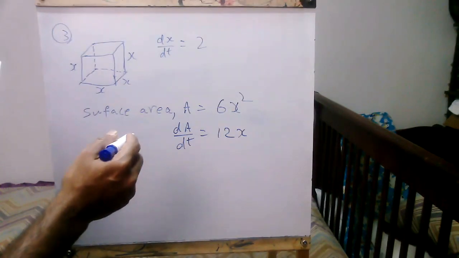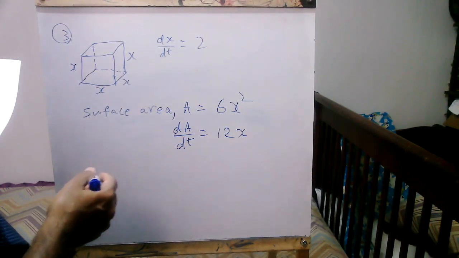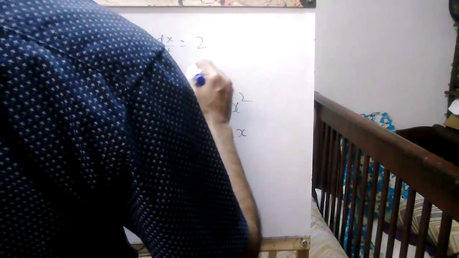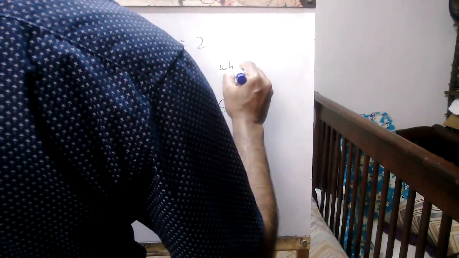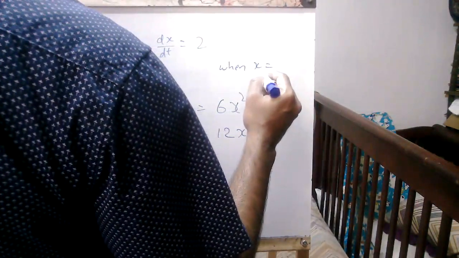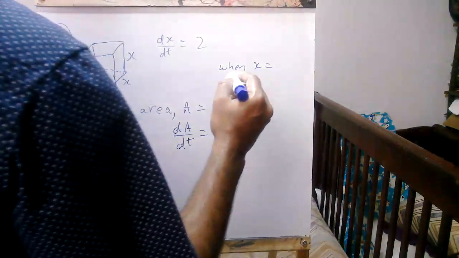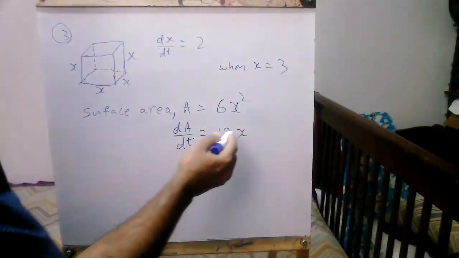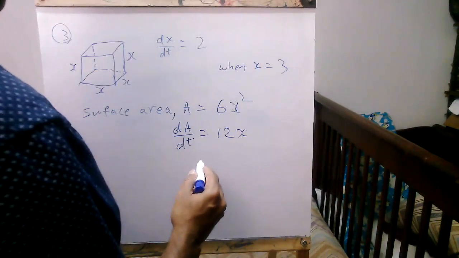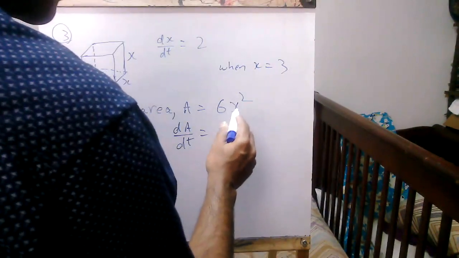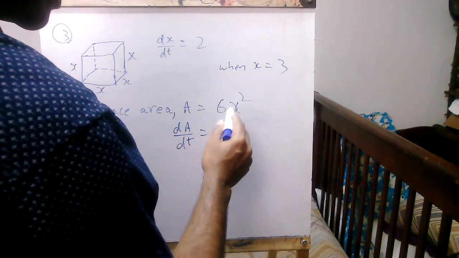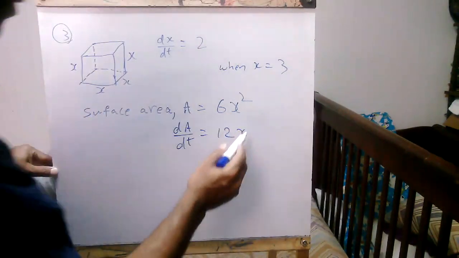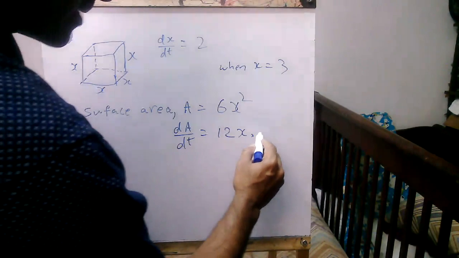The question asks when its side is 3 centimeters, when x equals 3. Now when we differentiate, this is 12x, and we have to differentiate x with respect to time, dx/dt.